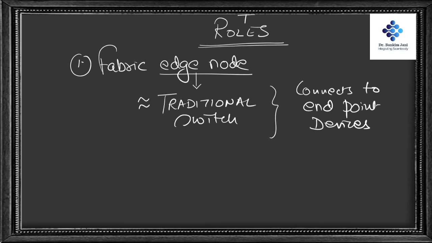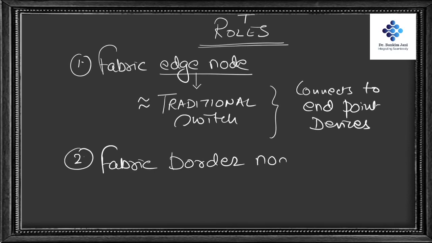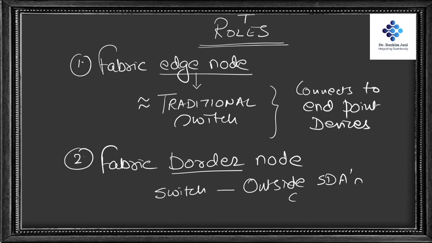That is also mentioned at cisco.com/go/SDA. Then there is another, second role, what is called the fabric border node. So this is the switch which is outside SDA's control.